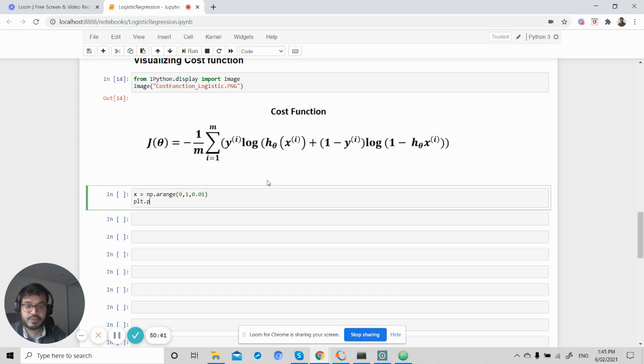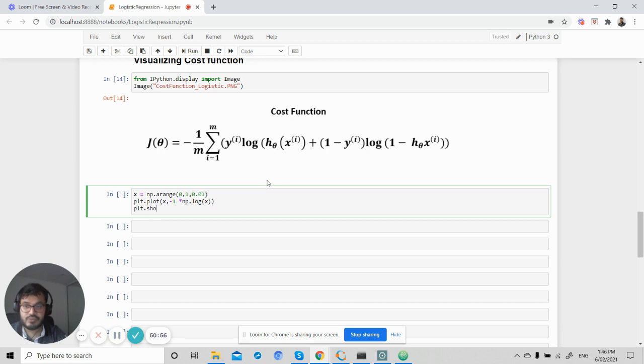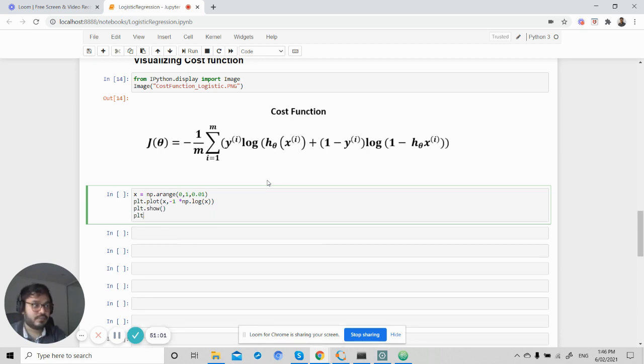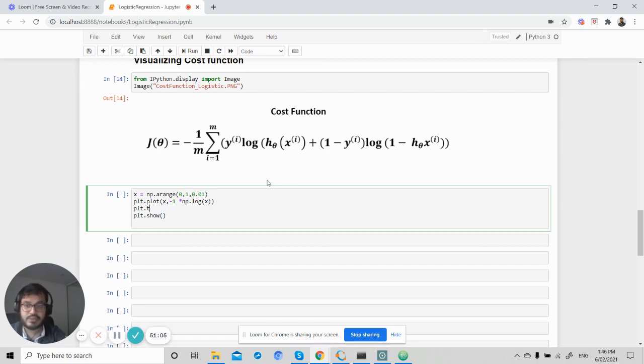Let's plot x comma minus np dot log of x, and give the title for y equals 1.